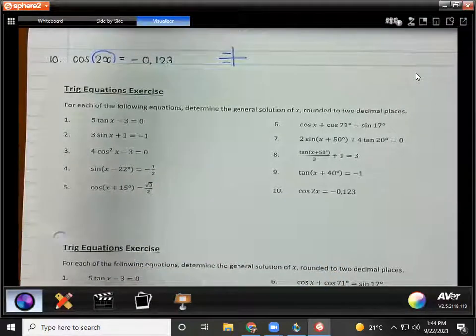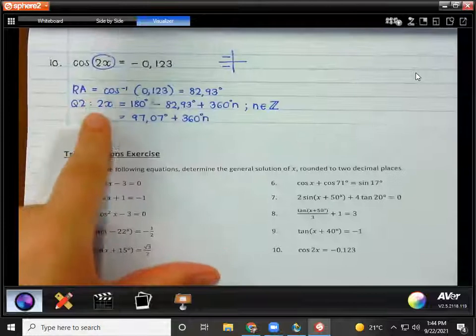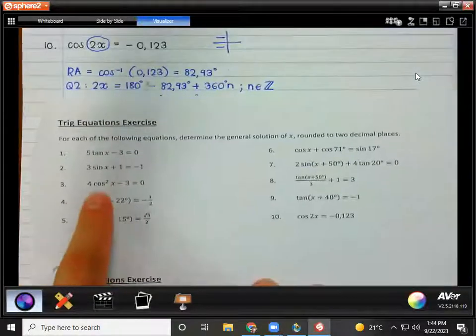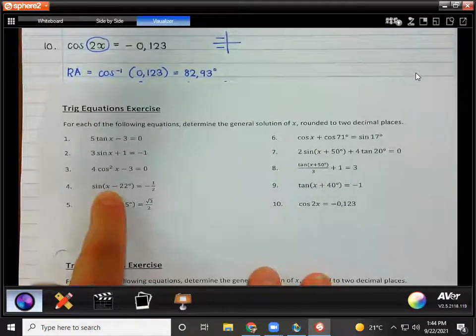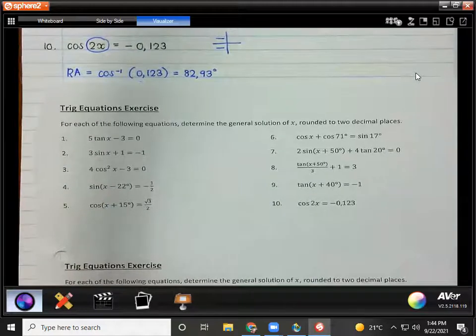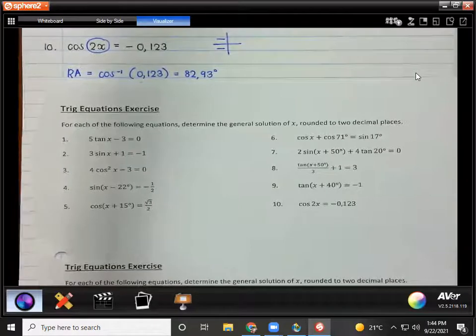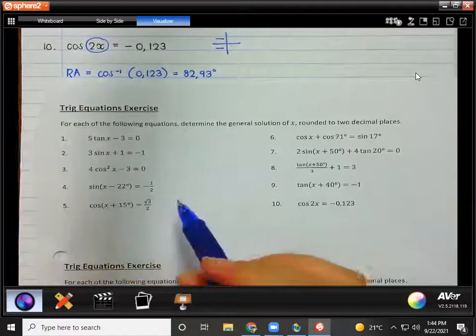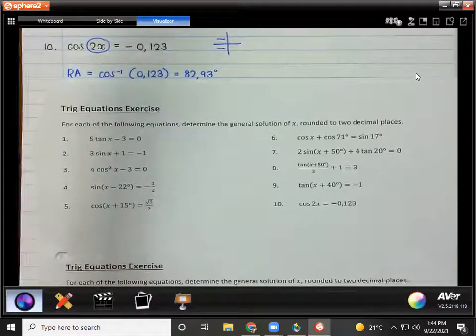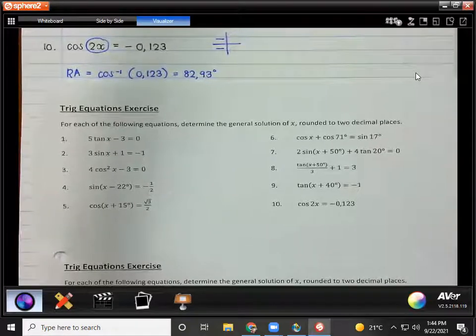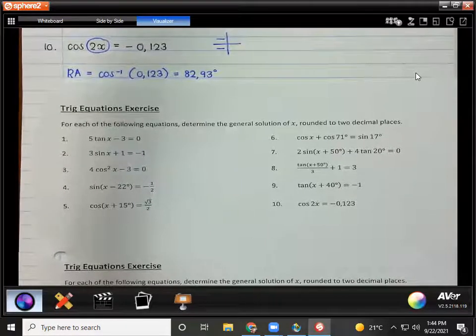Then, instead of 2x, what we had here, you're going to write the whole angle, which is x minus 22 equals your blah, blah, blah, plus 360n. Then what's the opposite of minus 22? If you then have to move it, you're going to add 22 to the other side, to your general solution, yeah.